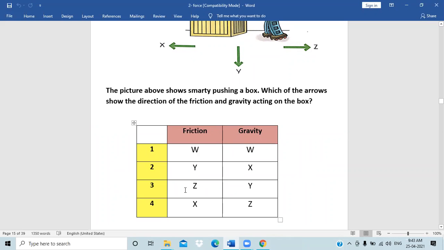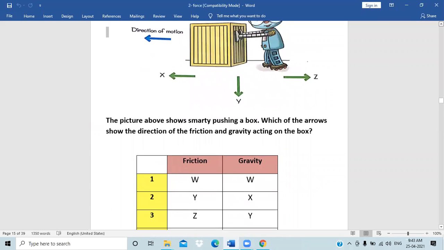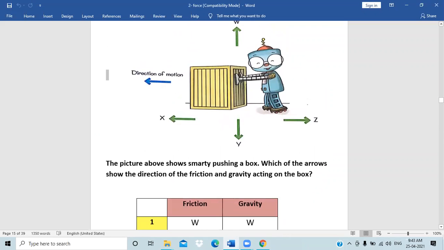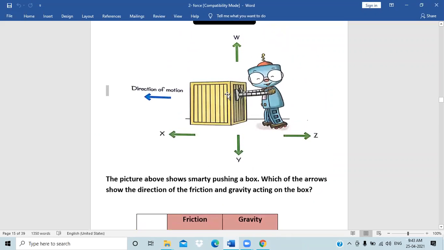So which one of the four choices has the friction as Z in it? Number 3. Yes, okay. So the other thing that they want us to look for is the direction of gravity. Is gravity pushing us up or is it pulling us down? Pulling us down. Yeah, so which arrow is representing the direction of the gravity? Y. Y, exactly.